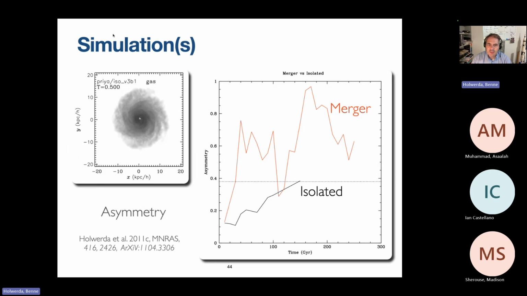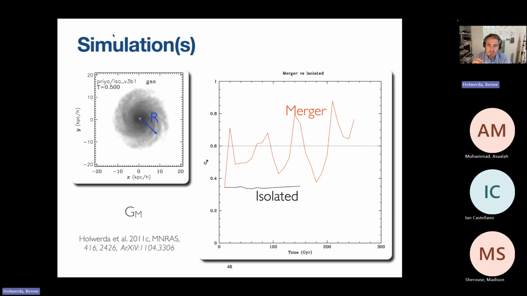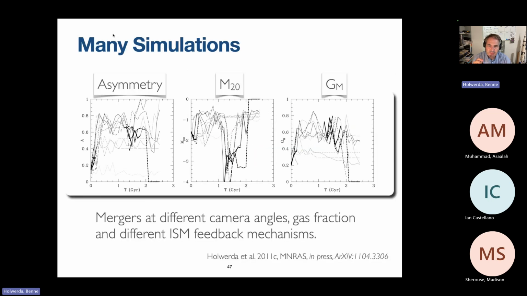So I can look at how long my asymmetry is above that line that Chris Conselice drew. And yeah, it's above that for much longer than it was with the stellar disk. The stellar disk is not as much affected. M20, same thing. GM, not so much.